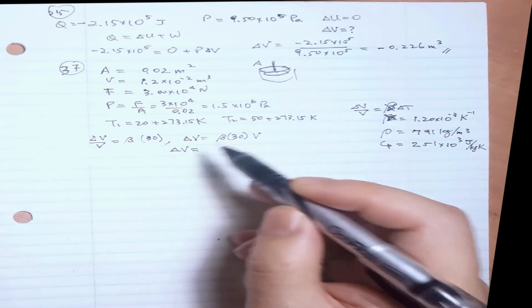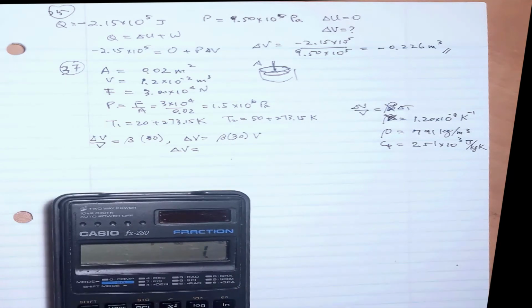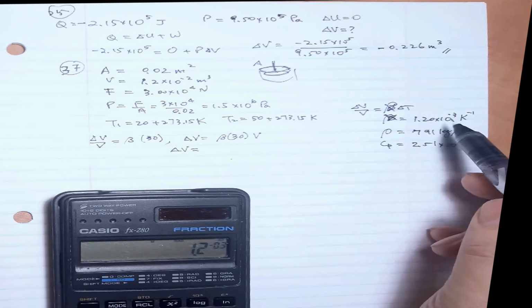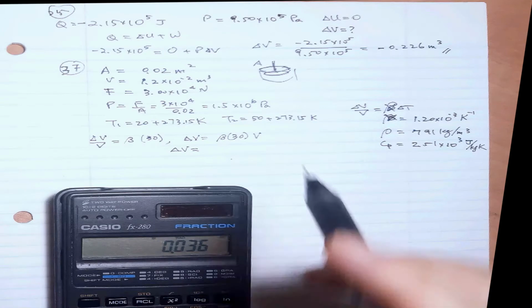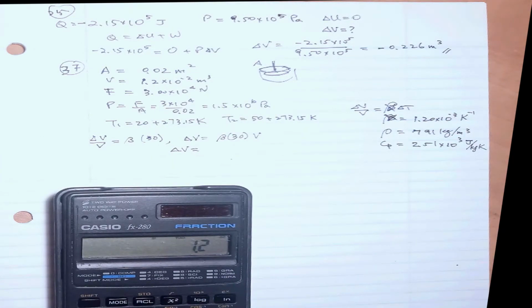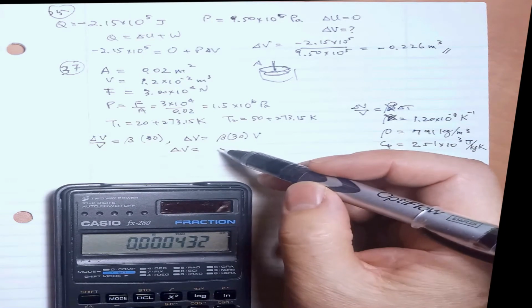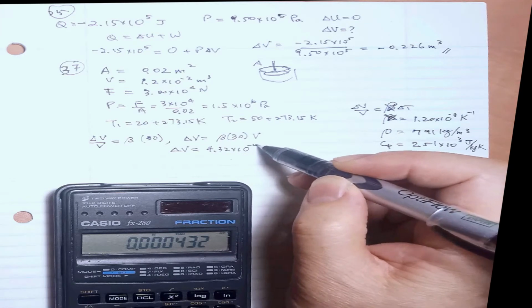So the change of volume, according to this calculation, will be beta, which is 1.2 times 10 to the negative 3 per degree Kelvin, times 30 degrees Kelvin, and then multiplied by the current volume. The current volume is 1.2 times 10 to the negative 2. So the amount of change is 4.32 times 10 to the negative 4.